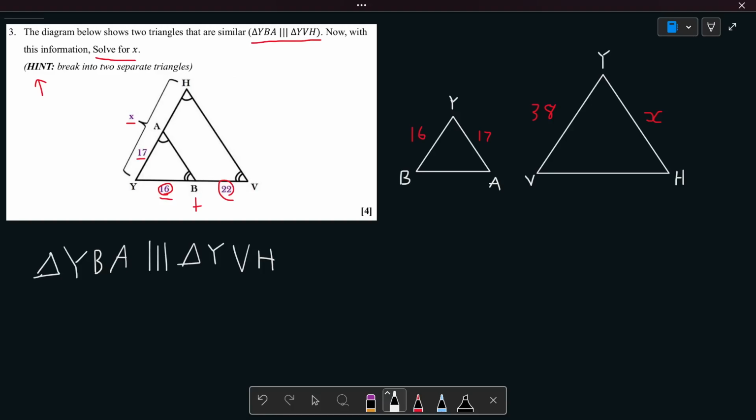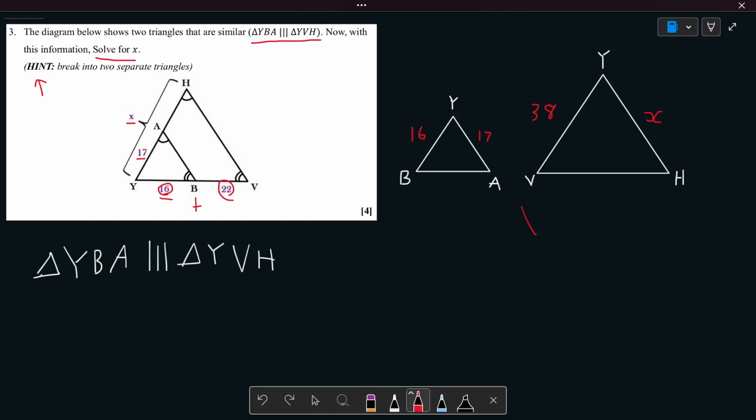Now let's look at this. What we are looking at is comparing the sides. Whenever we're dealing with similar triangles, we're either talking about corresponding sides being in proportion, or we are talking about the angles all being equal. But as you can see from this information, we are trying to show that the corresponding sides are proportional.